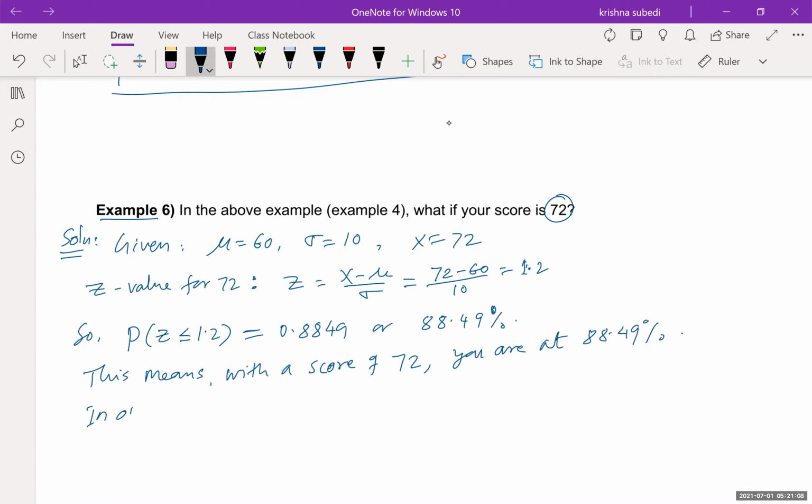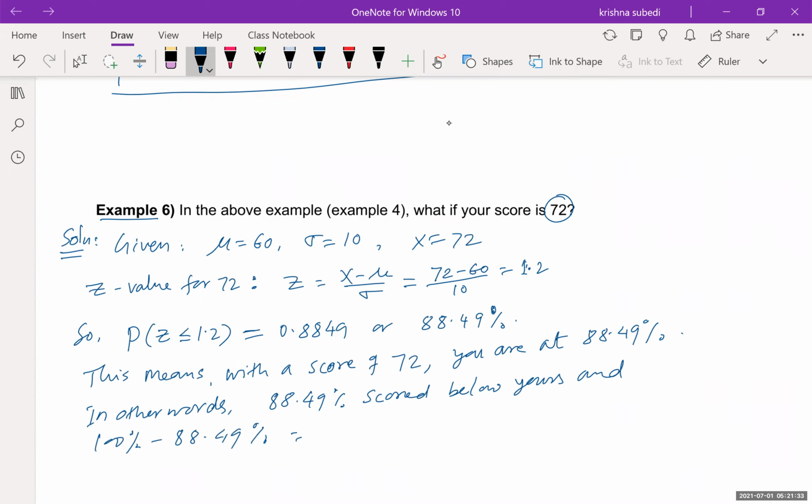In other words, 88.49% scored below yours, and 100% minus 88.49%, which is equal to 11.51%, scored above yours.